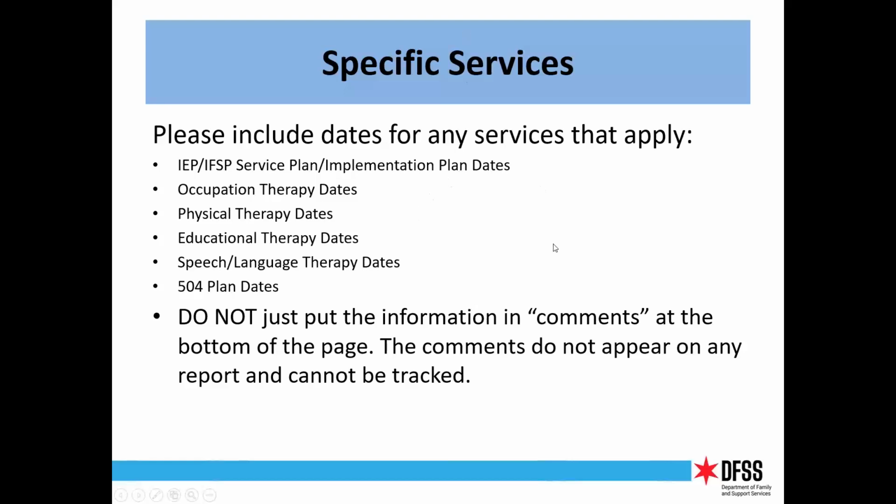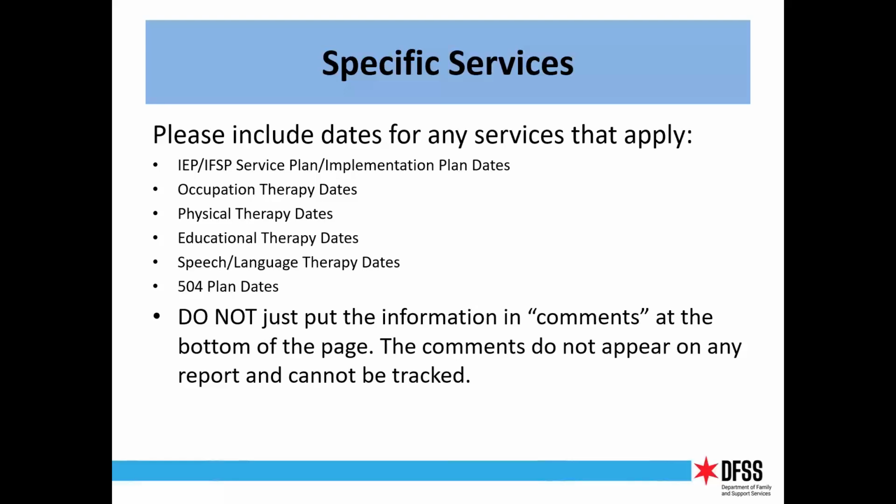So again, in terms of making sure that people are counted as receiving services, make sure that they give dates for any of the things that apply in here. So some of the categories that are broken out are the service plan, implementation plan dates, occupational therapy, physical therapy, educational therapy. There's lines for all of these, including the 504 plan, which means they don't have an IEP, but they're still being provided certain services.